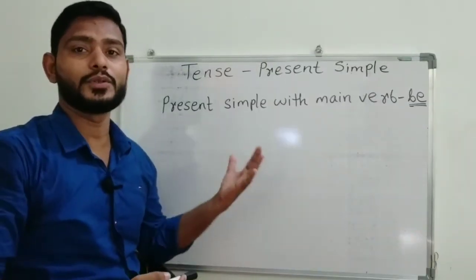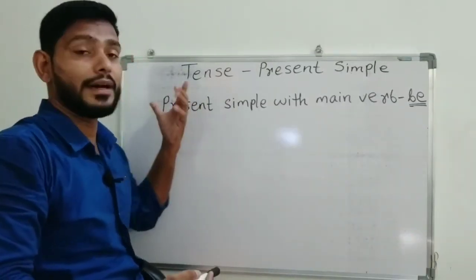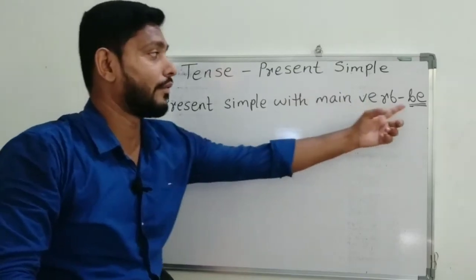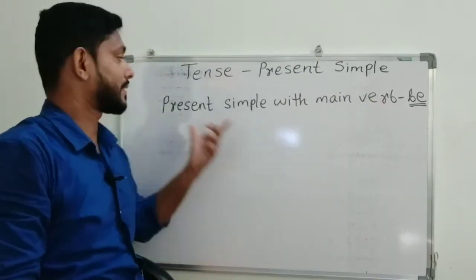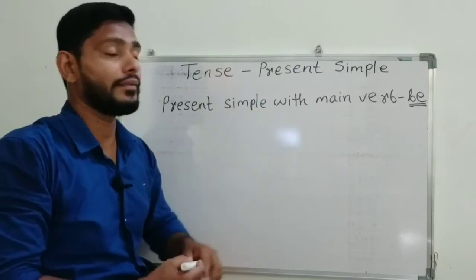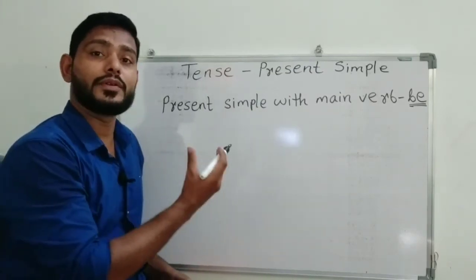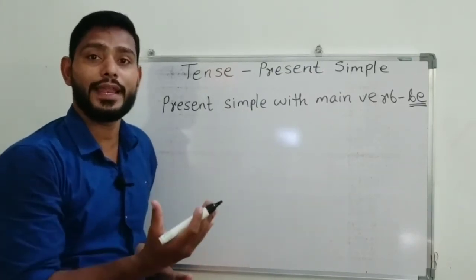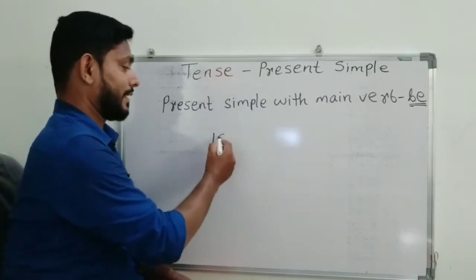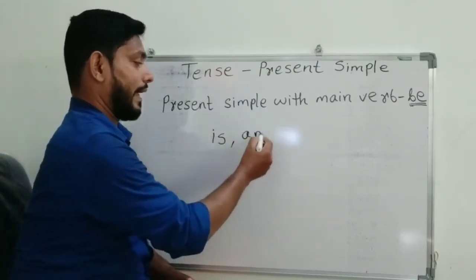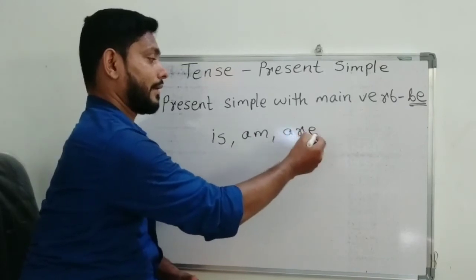Now let's come to understand what is the main verb form of be in simple present tense. Present simple with main verb be. What are the forms of be in simple present tense? You know that? Yeah, that is, is, am, are.